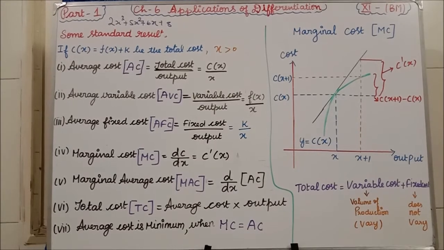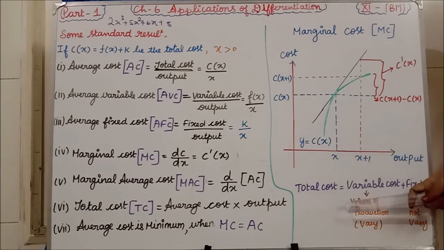Students, next we are going to see some standard results. In that, first we are going to learn about the cost, the total cost. Total cost is equal to variable cost plus fixed cost. Variable cost means it varies with the volume of production, whereas the fixed cost will never vary.